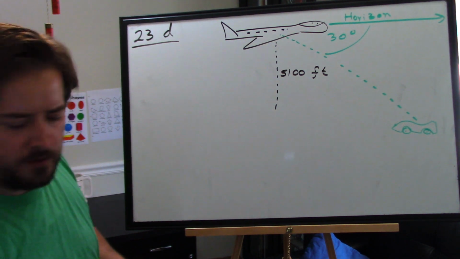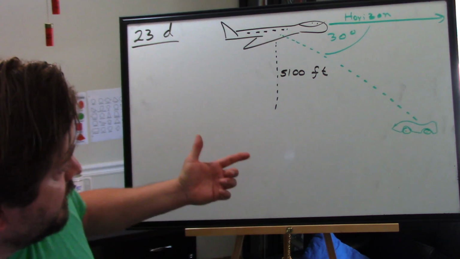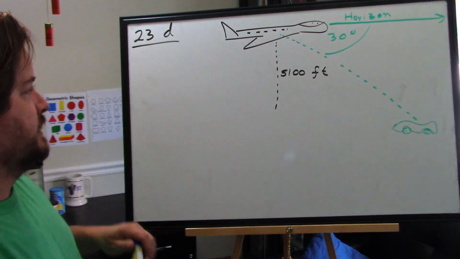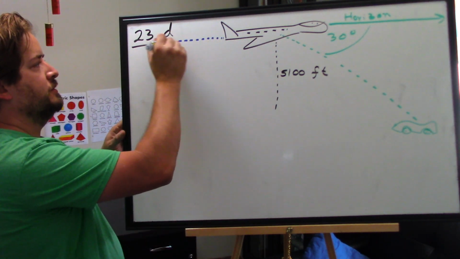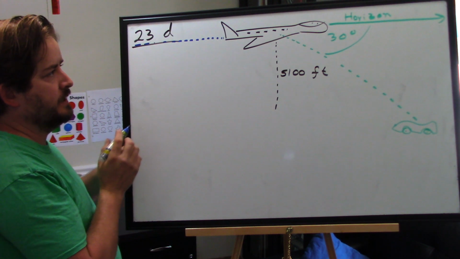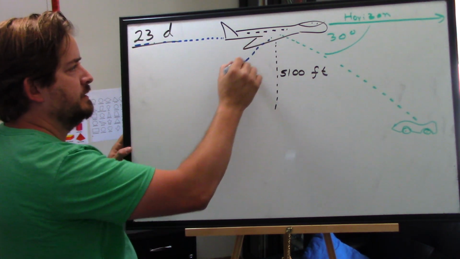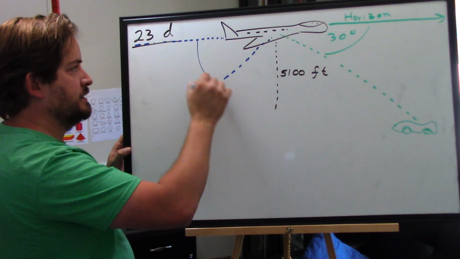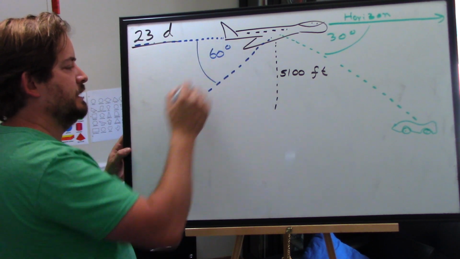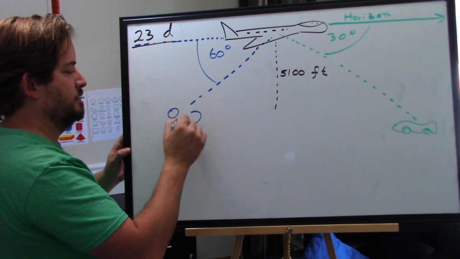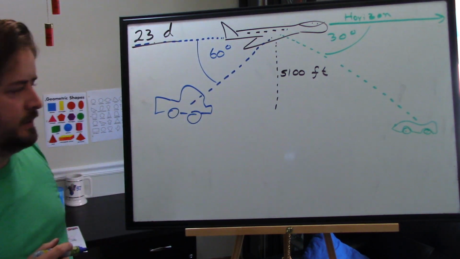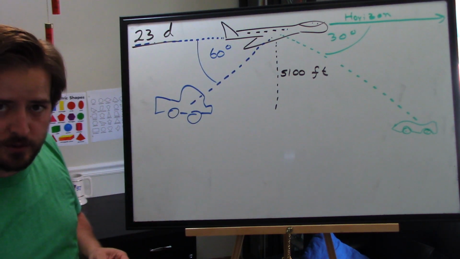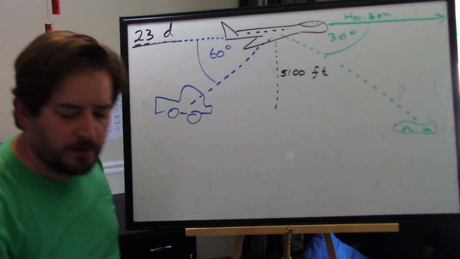Again, quit making fun. But I've got that car, and then on the other side of this plane, there's an angle of depression from his rear horizon of 60 degrees. So that means this angle here is 60 degrees, and I have another car. Whatever. This is why I didn't go to art school, but probably should have.